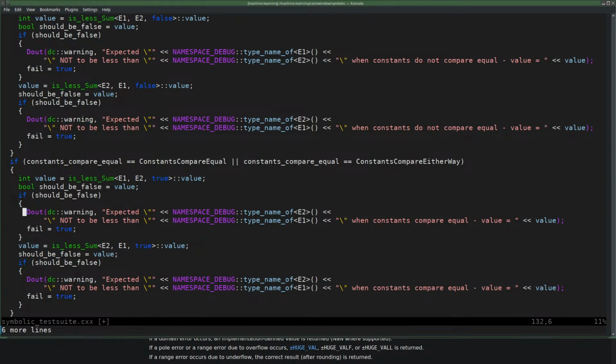That one is okay already, I think. So E1 and E2 to not be less when constant compare equal. Okay, we pass through. And this one is already correct. E2 not to be less than E1.